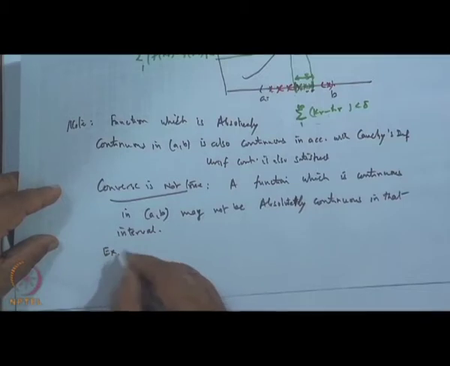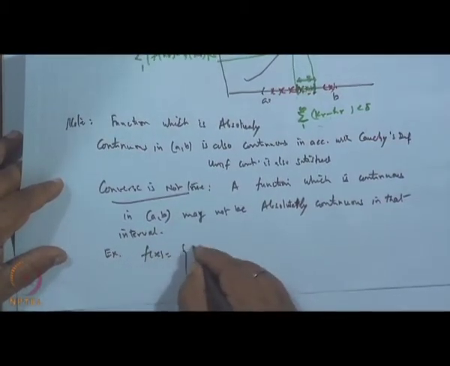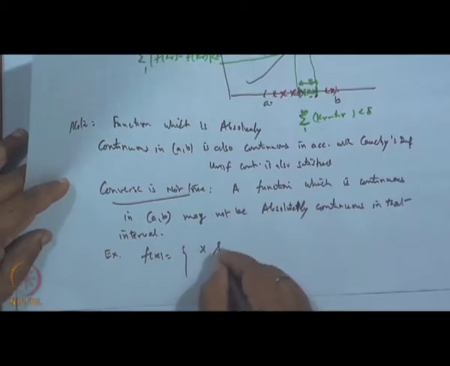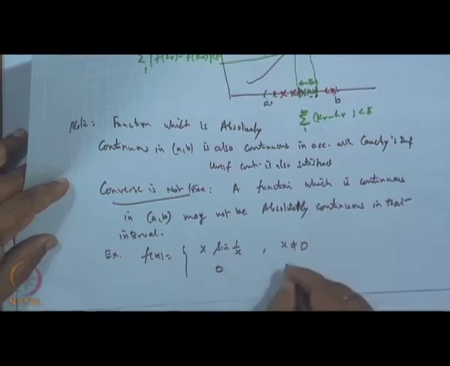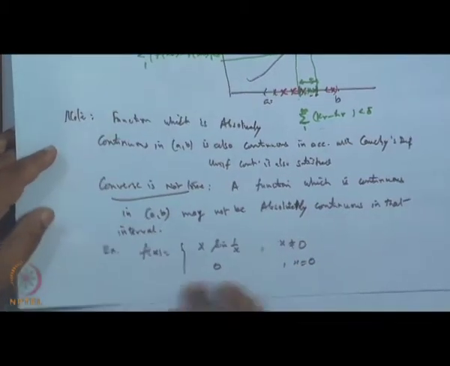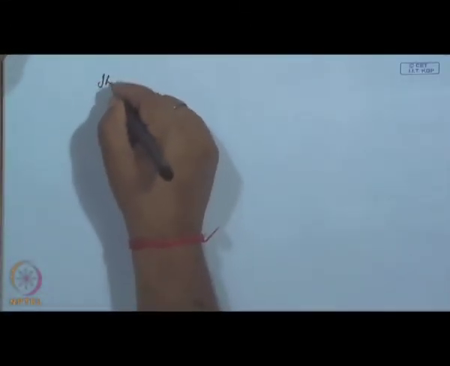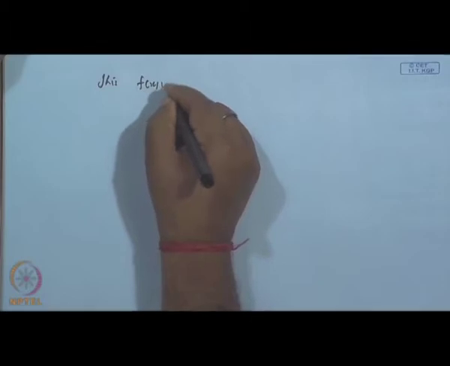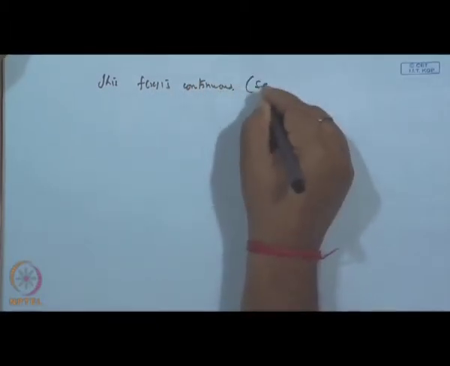Okay. A function which is continuous may not be absolutely continuous. For example, if we take the function f x, which is defined as x sin 1 by x when x is different from 0 and 0 when x is 0. We know this function is a continuous function. This we have already seen.